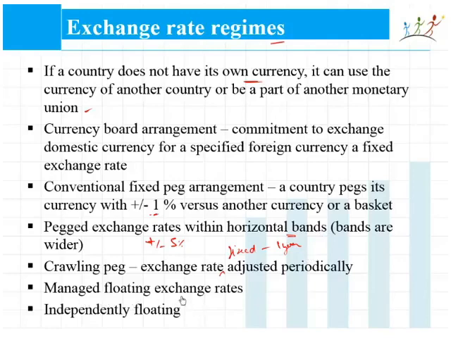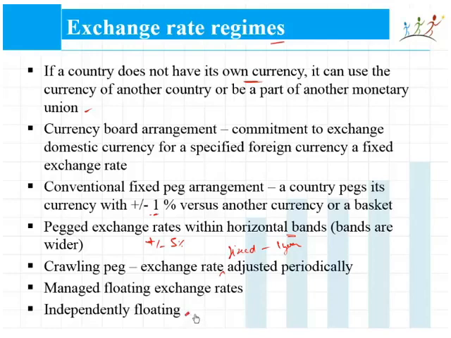In managed floating exchange rates, there is no fixed peg or fixed rate guaranteed. However, the central bank does intervene from time to time if it feels there has been excessive appreciation or excessive depreciation, especially if it feels that has happened because of speculative trading in the currency.